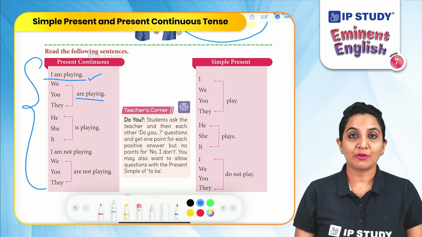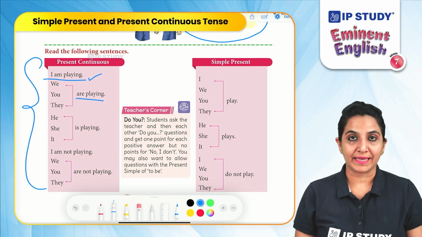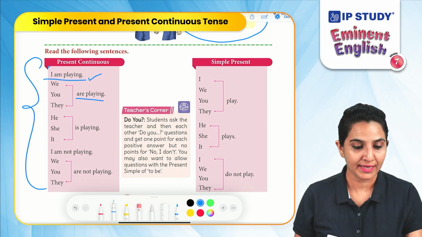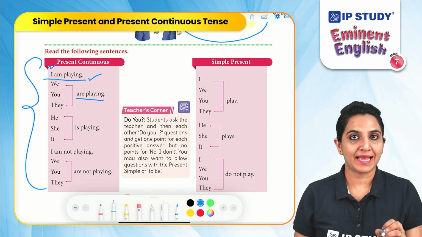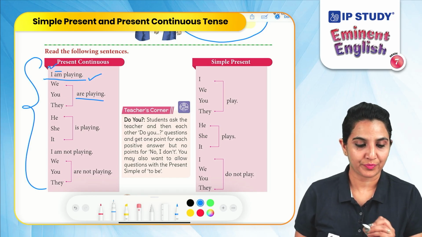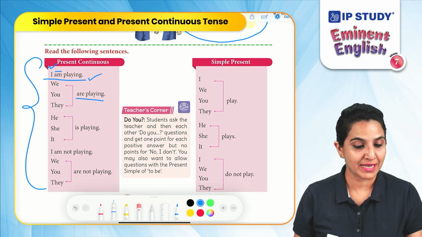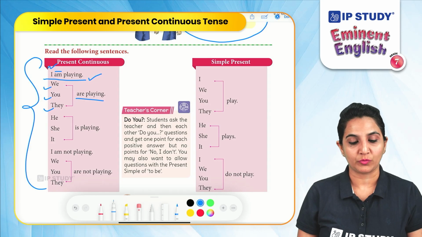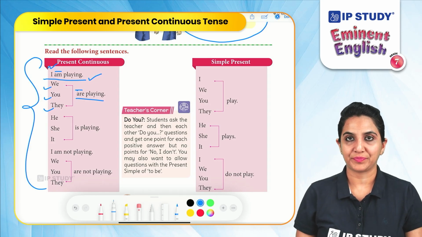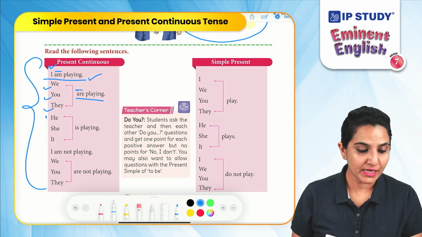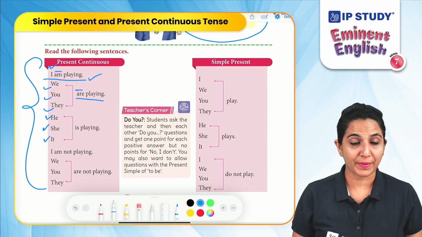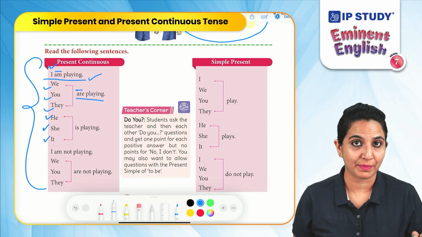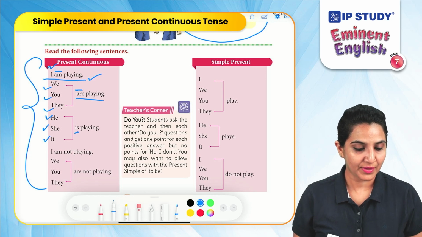That means when we use playing or the verbs in the present continuous tense, we use the helping verb am. And with such as we, you, they, we use the helping verb are. With he, she, it, because it is a singular subject, hence we use the helping verb is.